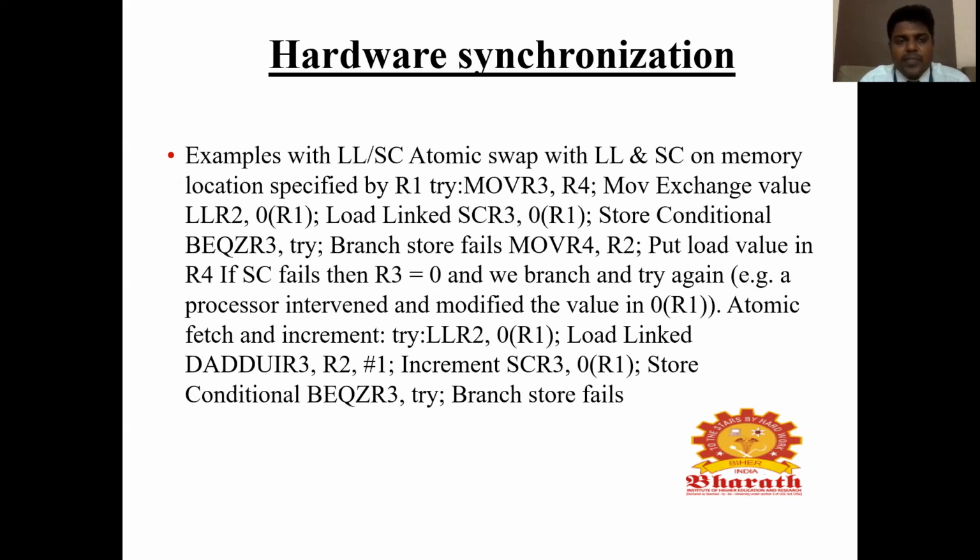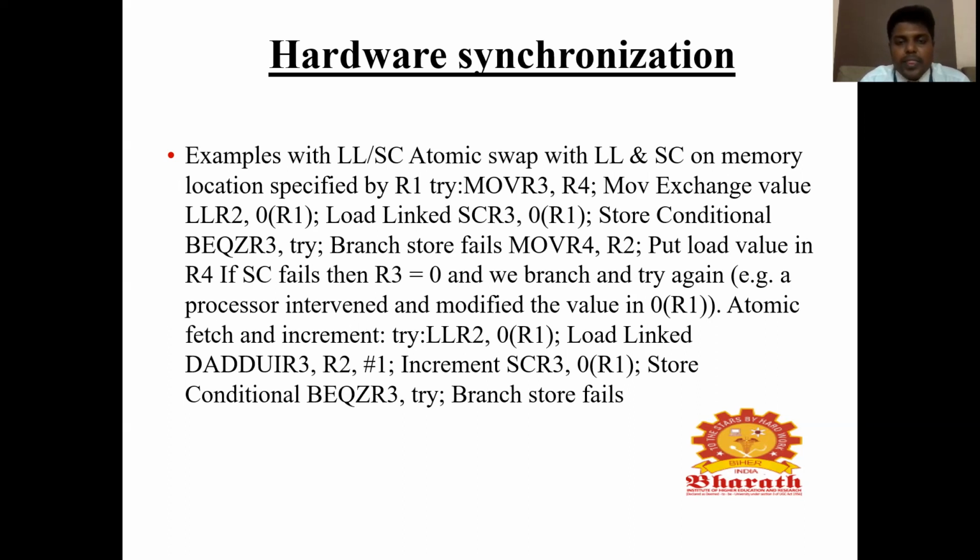For example, atomic swap with LL and SC on the memory location specified by R1: move exchange value, load link, store conditional. This branches if the store fails, and puts the loaded value in.